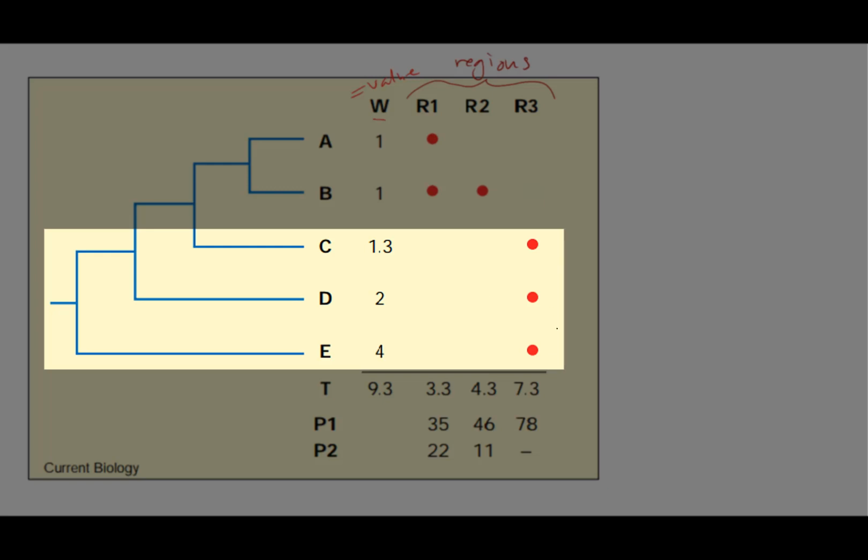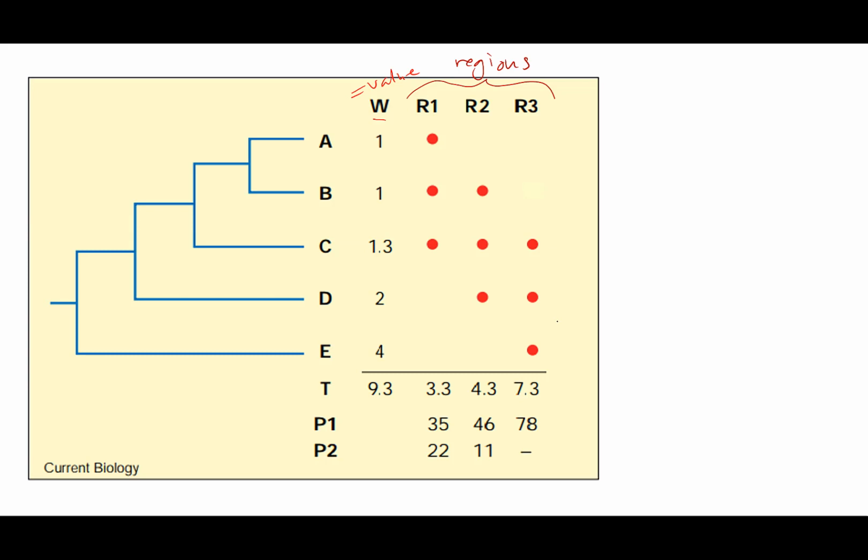There are, if you notice, 3 species found in each of these regions, so they are equally species rich. They have the same number of species. And this is a highly simplified example, right? Because 3 really isn't a lot. What we want to do is try to estimate, okay, which of these regions should we focus our conservation efforts on?